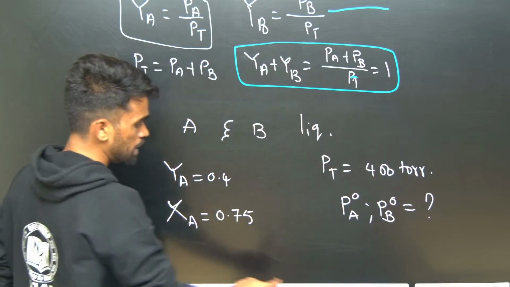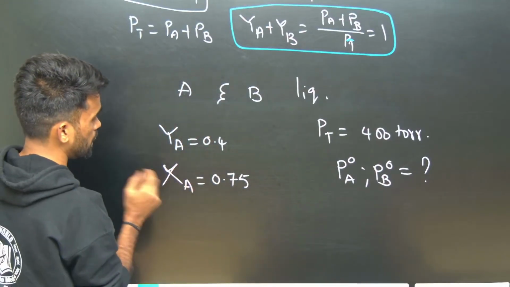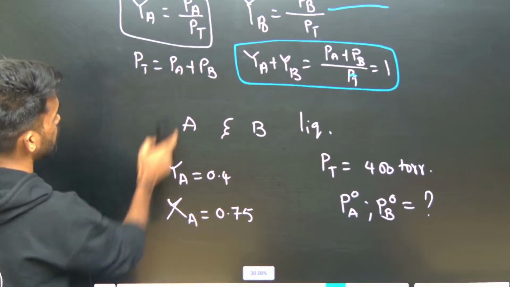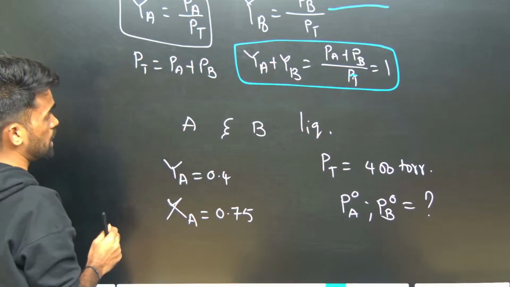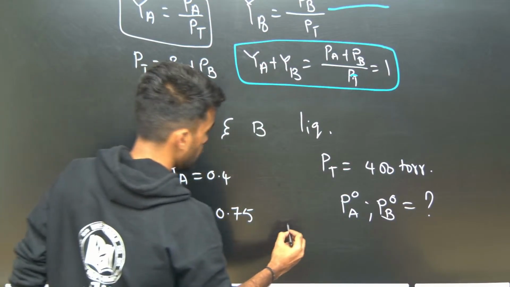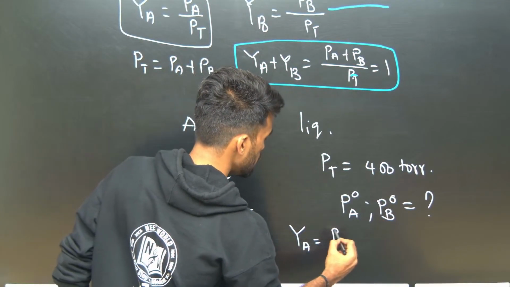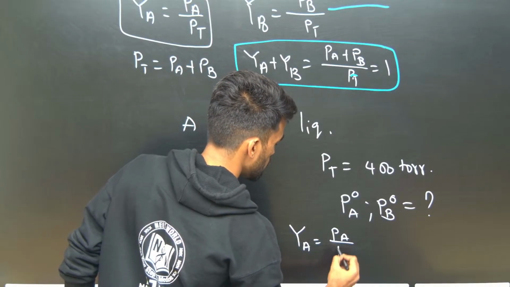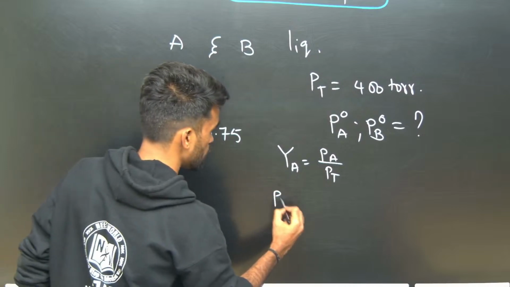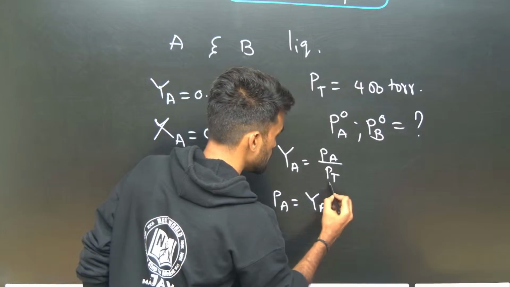Very simple, if you observe this, what is the data we have? P total we have, YA and XA we have. Do we have any relation here? Yes, we have some relation. So how do we calculate this P naught A? We have YA equals PA by P total. So I can write the vapor pressure of A as YA multiplied by P total.